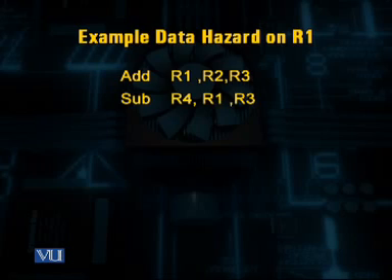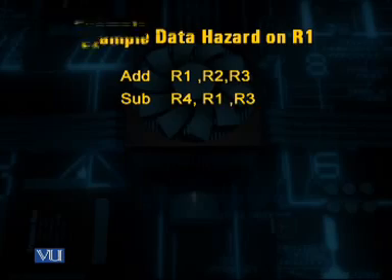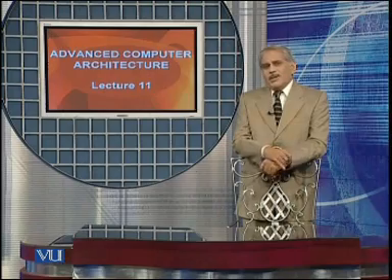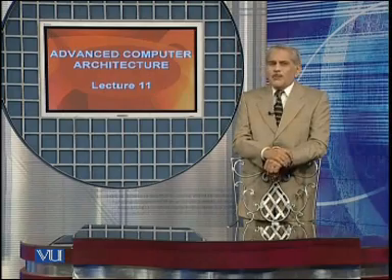Whereas the next instruction, that is the subtract, and all the following instructions are using the contents of R1 as one of the operands. Now let us see the execution of these instructions in a pipelined data path.